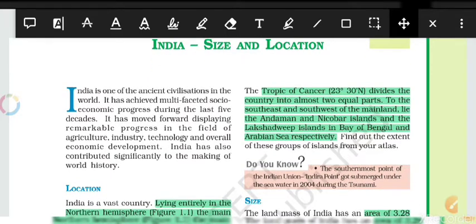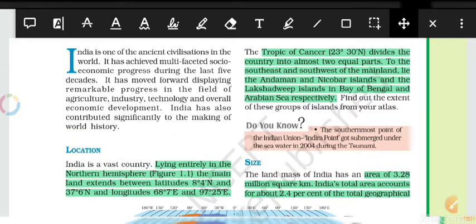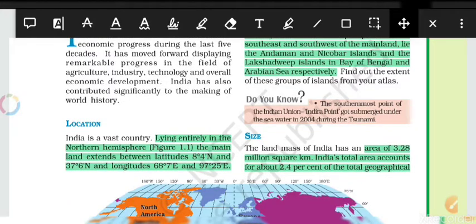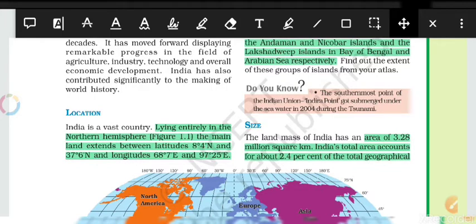Let's go deeper. The first topic of this chapter is the location of India. Just read this para: India is a vast country lying entirely in the northern hemisphere.